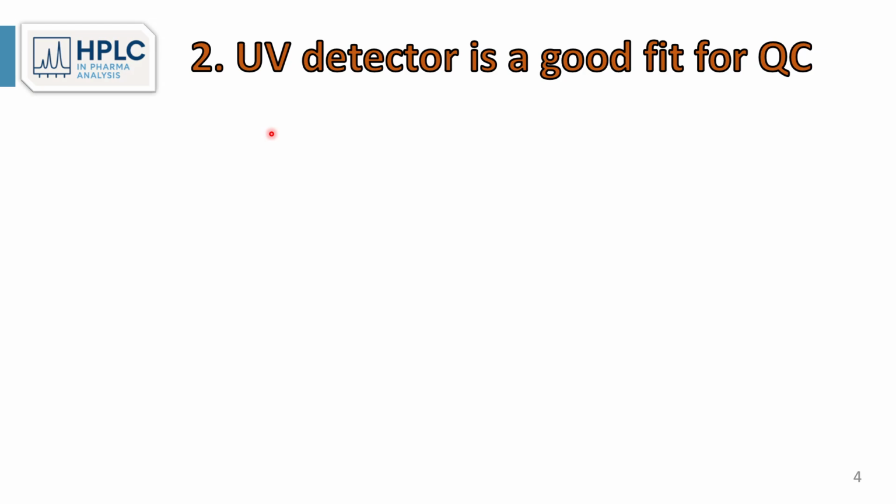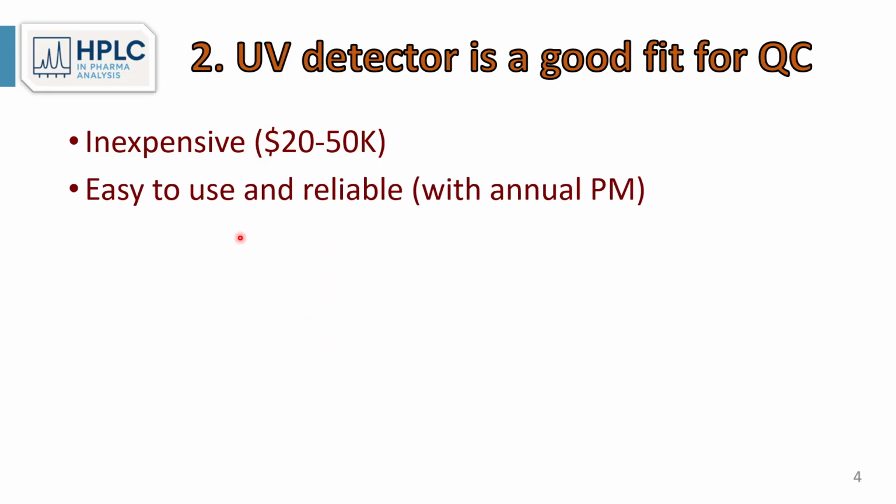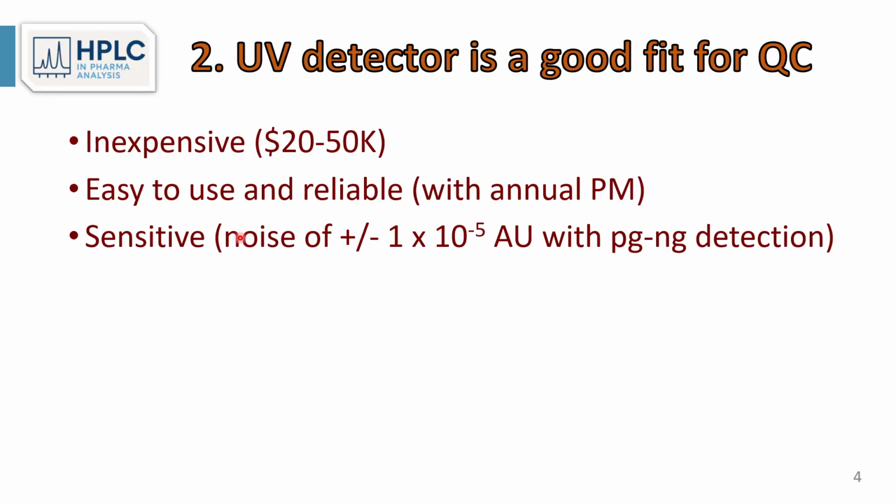It turned out that a UV detector is a good fit for QC. First, it is relatively inexpensive. Second, it's very easy to use and highly reliable, particularly with annual PM, or preventive maintenance. It has great sensitivity with a typical noise of plus or minus 1 times 10 to the minus 5th AU, meaning picogram to nanogram detection.